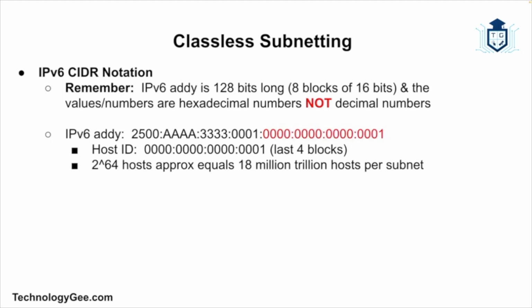And so working with an IP version 6 address where you can have 18 million trillion hosts per subnet, and then you can have a maximum of 65,000 subnets. Well, in theory, we should never, ever run out of IP addresses for at least a couple generations or so.